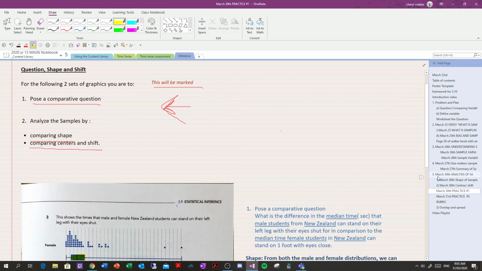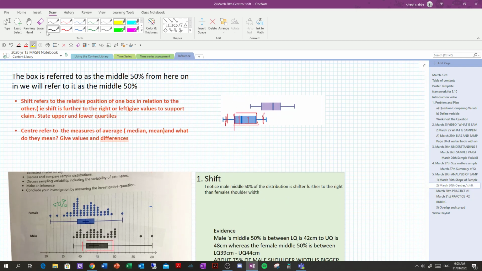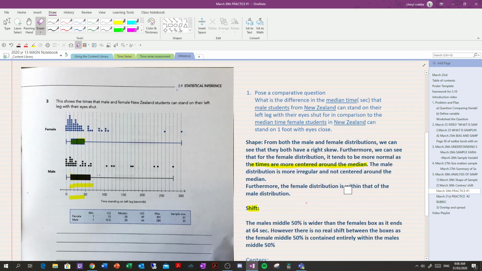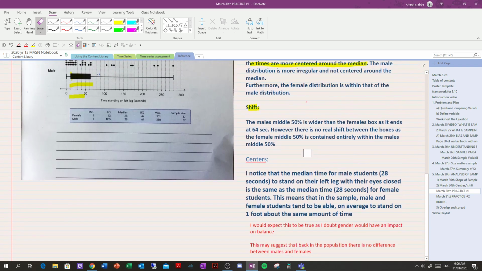A shift is like this. This is a shift, right? One box is shifted further to the right than the other. But they don't necessarily have to be shifted further to the right or to the left. They could be right underneath each other, which is more the situation here. And so no shift, really, technically.